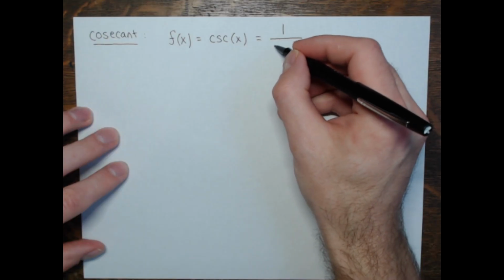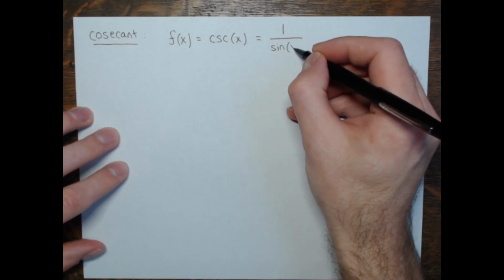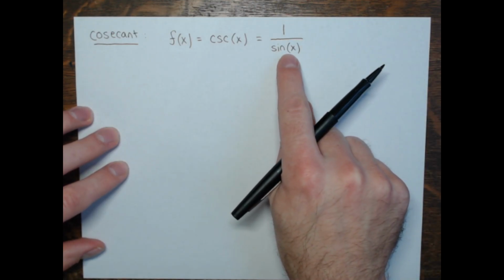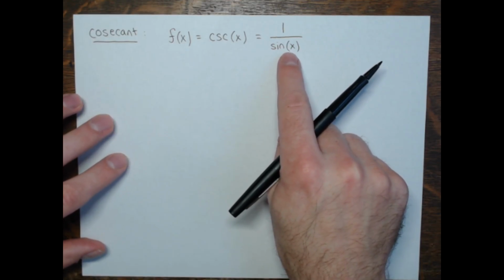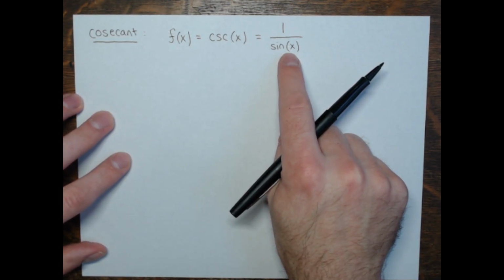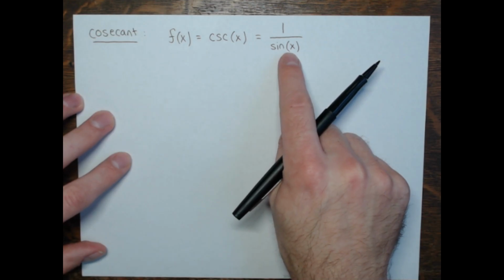So 1 divided by sine. All right, so this has sine in the denominator. So wherever the sine is 0 is where you're going to have those vertical asymptotes, right? The graph will be going up forever or down forever on either side of those. So that's at those multiples of pi: 0, pi, 2 pi, 3 pi, and so on.